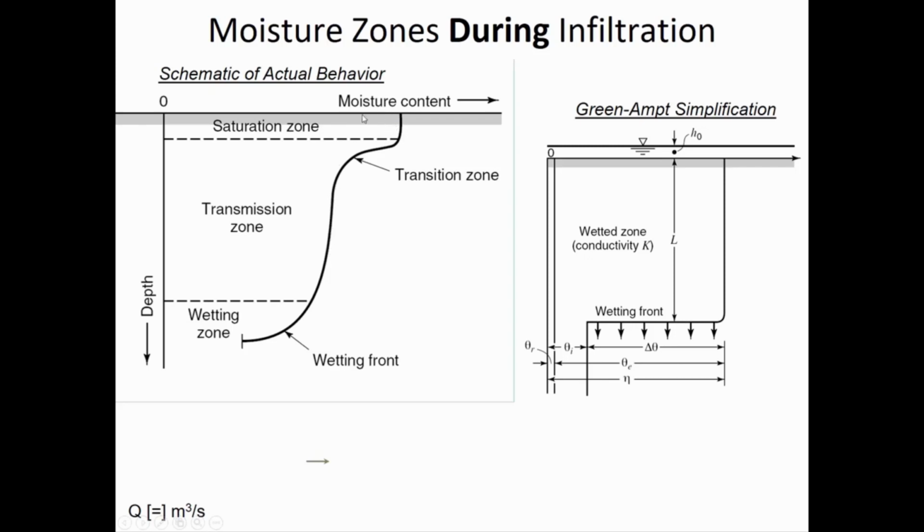So there is a zone of saturation, but then the transition zone is where there's a little bit more water than there was originally before the storm, but there is also some air in the voids. And so this is the unsaturated flow, which is associated with the transition zone. Austin? So this is assuming that the water table is below all this, right? Yeah, the water table would be below this and not shown. That's right. So the line itself, the data it's representing, is that the flow or the moisture content? It's the moisture content.